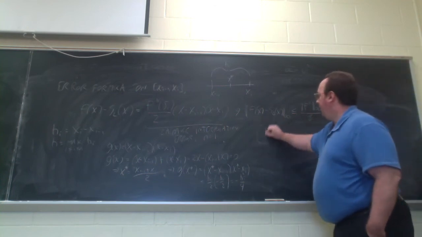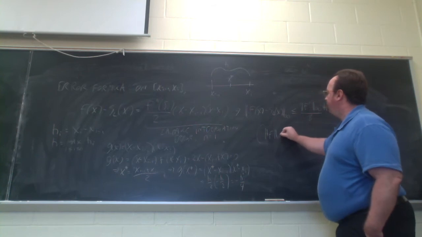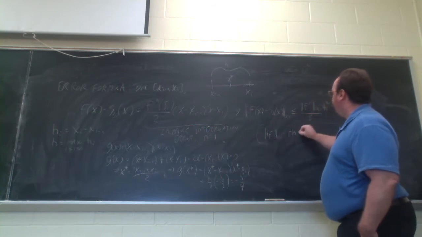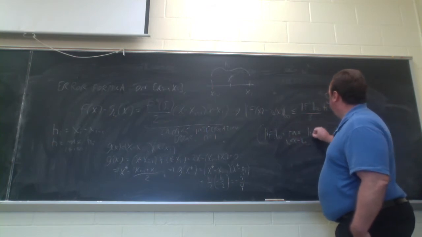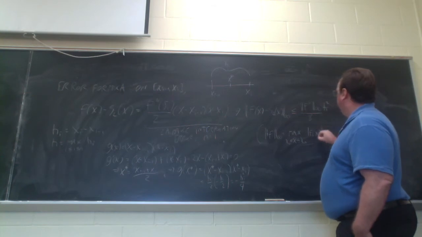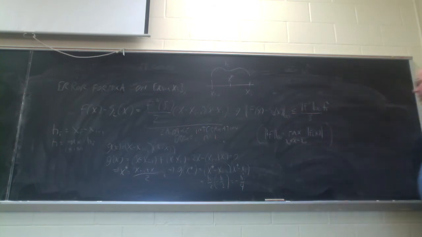Where the infinity norm of a function in this case is defined to be the maximum absolute value between x0 and xn. So that's as large as you ever can get.